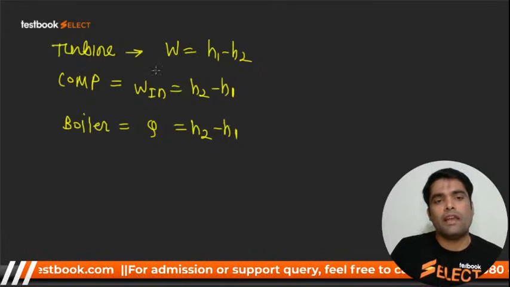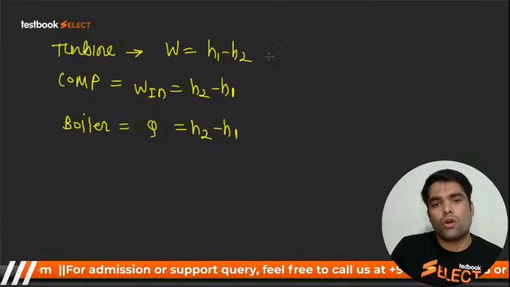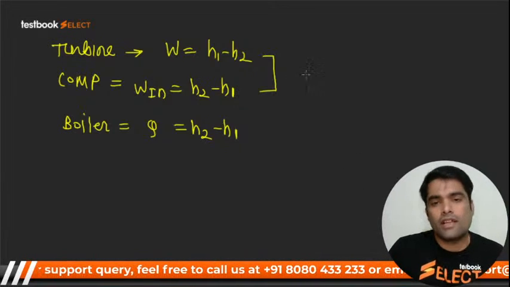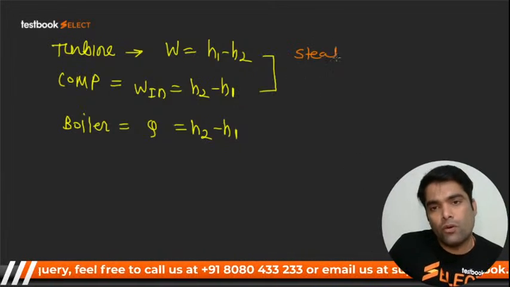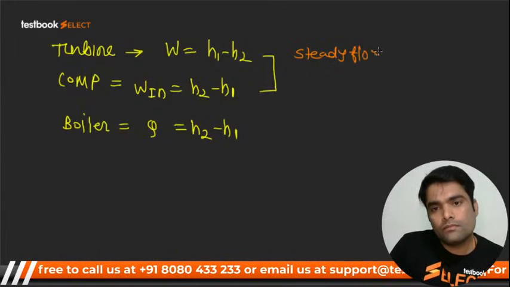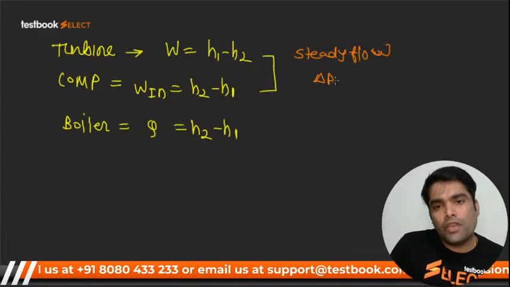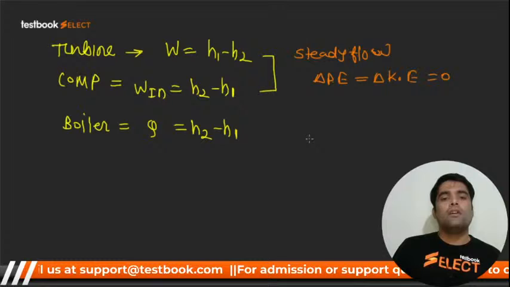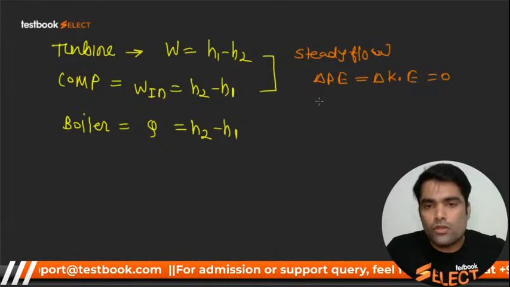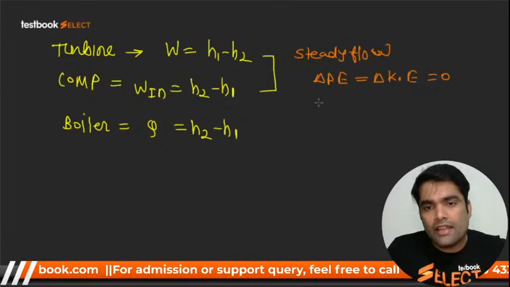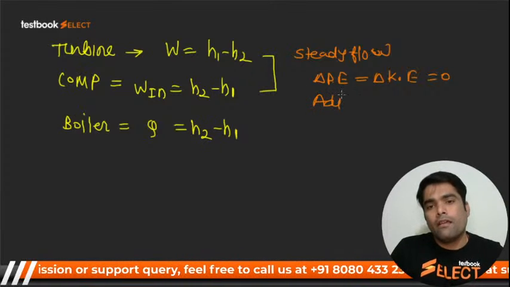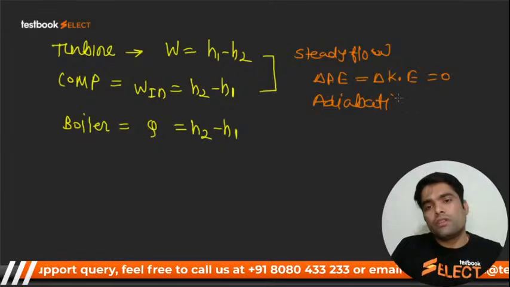But you have to keep in mind that we have derived, when talking about compressor and turbine, with some assumptions: steady flow, change in PE is equal to change in kinetic energy is equal to 0, and the flow is adiabatic, so Q is equal to 0.